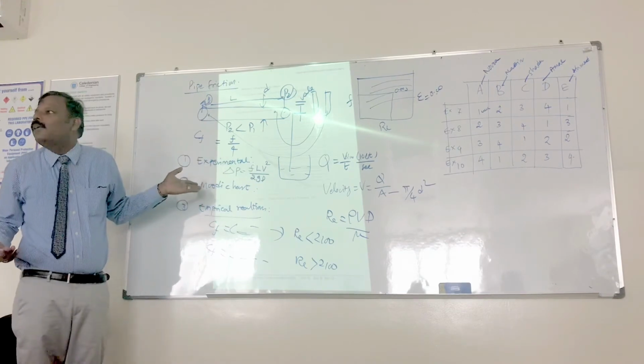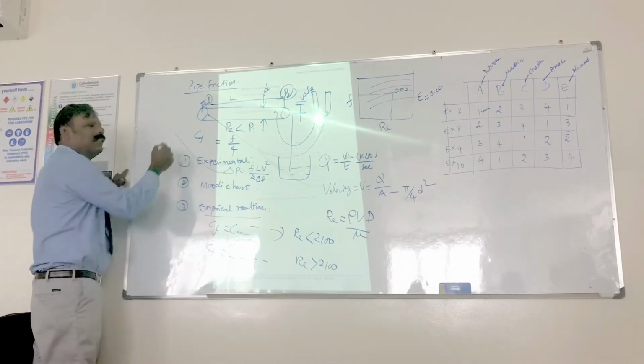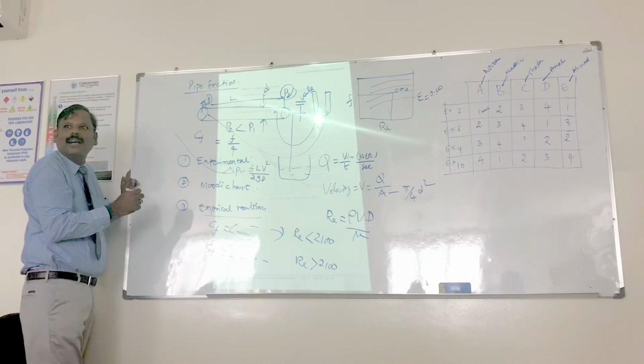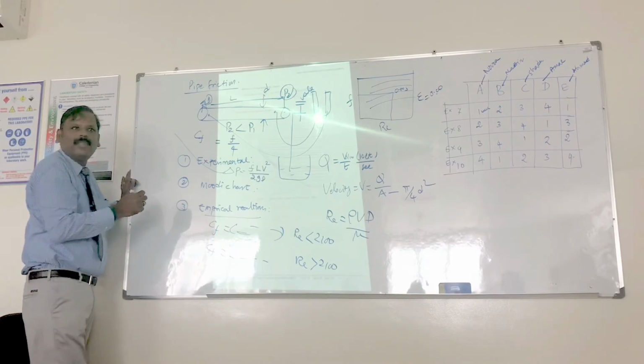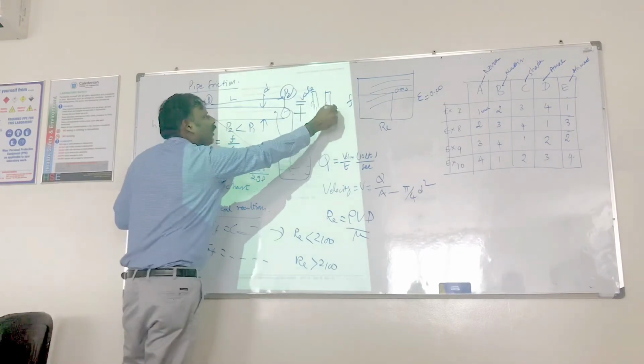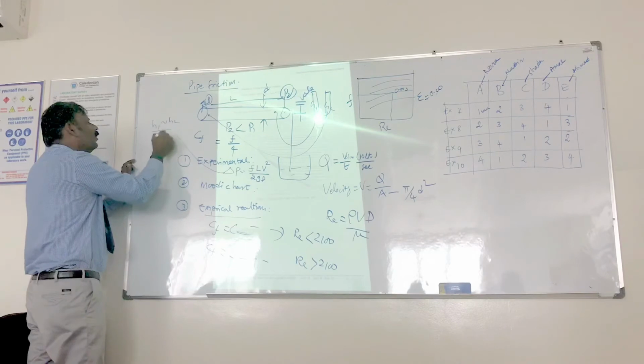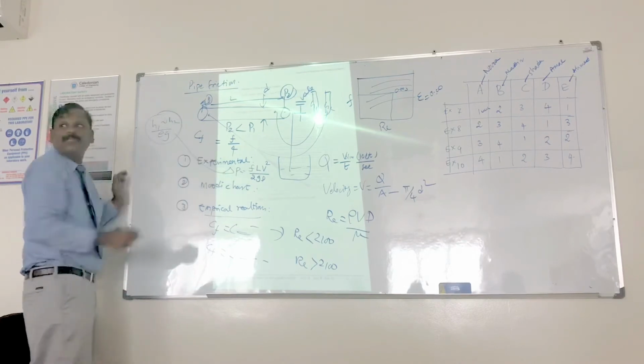What is delta P? Delta P is the pressure loss. So how will you find it? We know the H1 value and the H2 value, right?